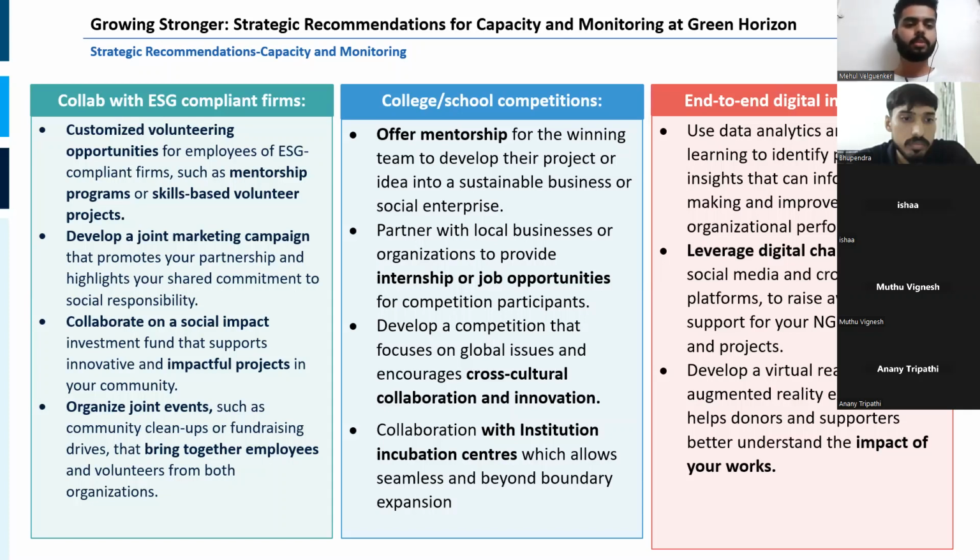So collaborating with them on social impact can also further get investment funds for the NGO, and organize joint events with these companies, such as community cleanups and fundraising drives, which can bring together employees at a social level, so that the impact of the NGO can be understood by these firms, and then we can further enhance the productivity.